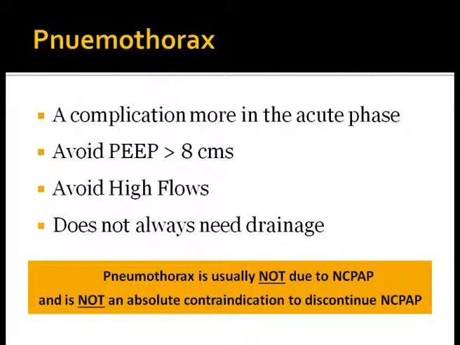High flow can be judged by too much bubbling and it can be adjusted to avoid air leaks. It is not common to develop air leak while on CPAP. Pneumothorax is usually not due to nasal CPAP. It is not an absolute contraindication to discontinue CPAP.